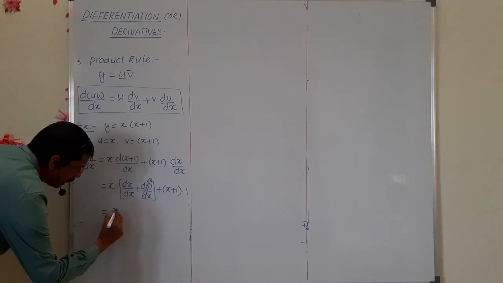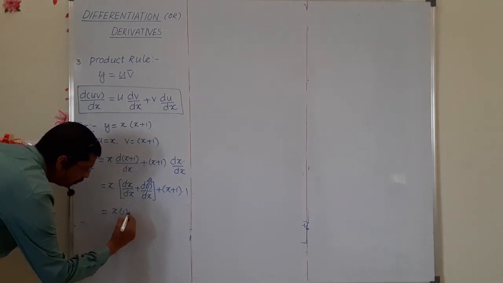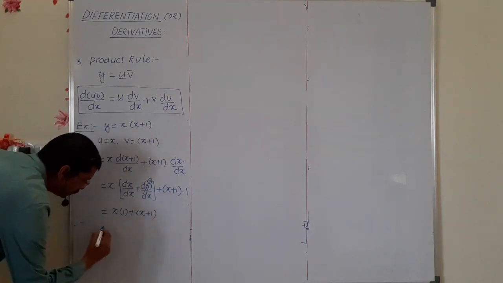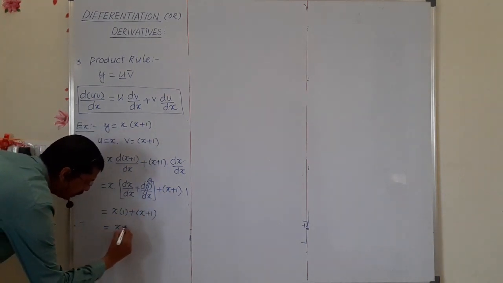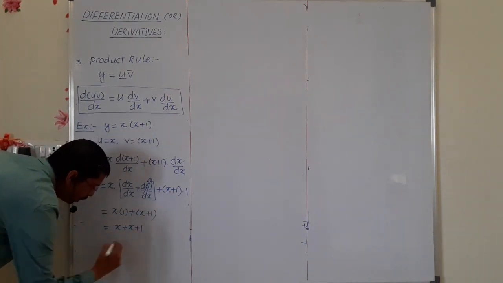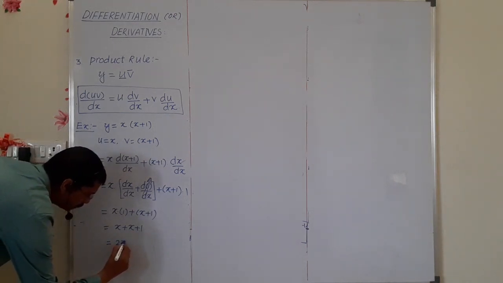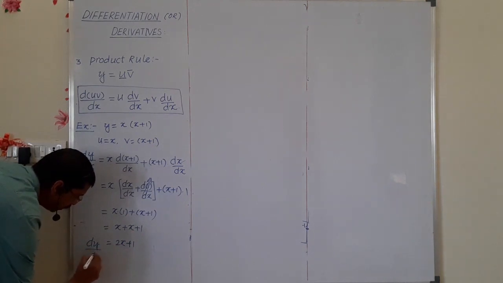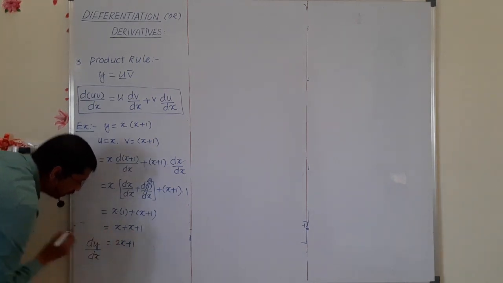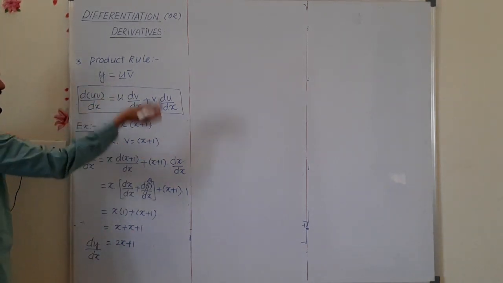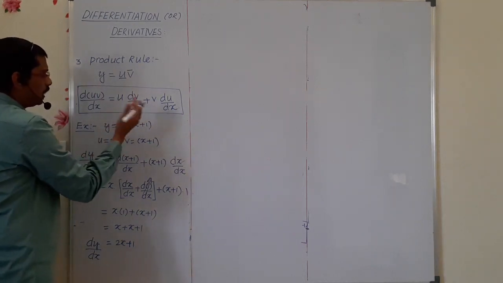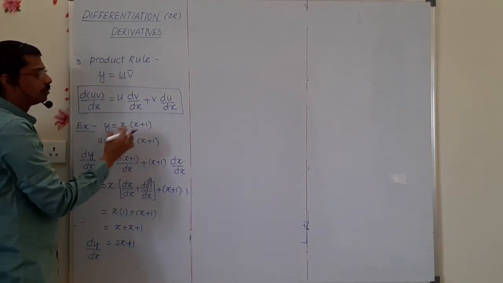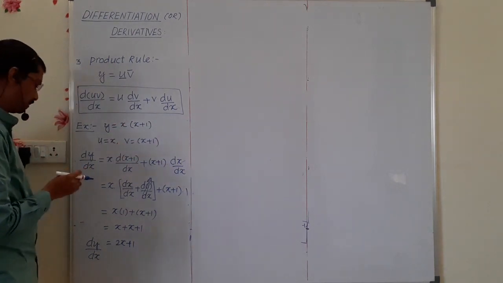Now x into 1 plus x plus 1. Now what is the value? x plus x plus 1, that is 2x plus 1. This is dy upon dx. We can take many sums; this is useful in trigonometric ratios. That time it is very comfortable to solve the trigonometry sums.